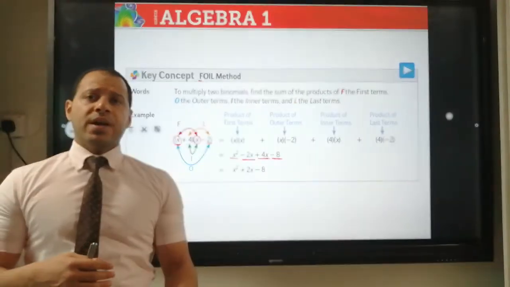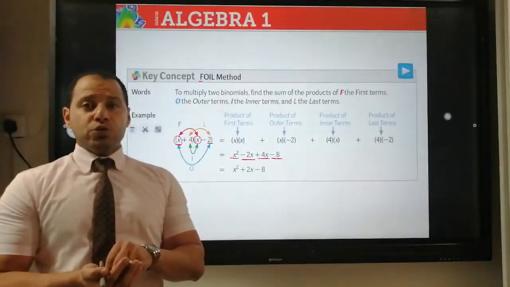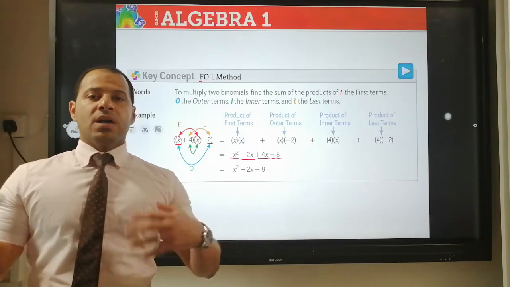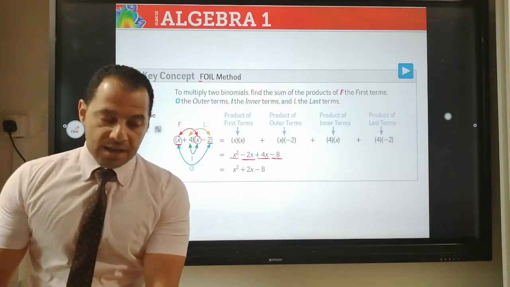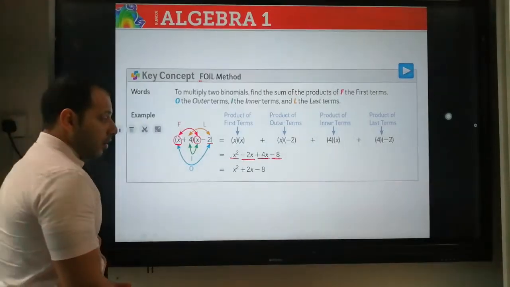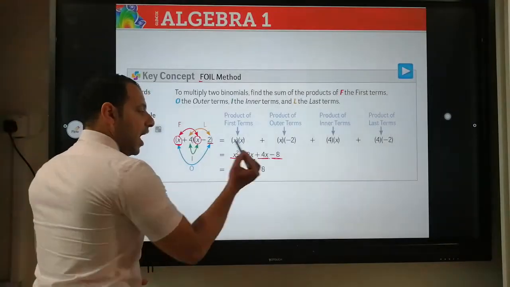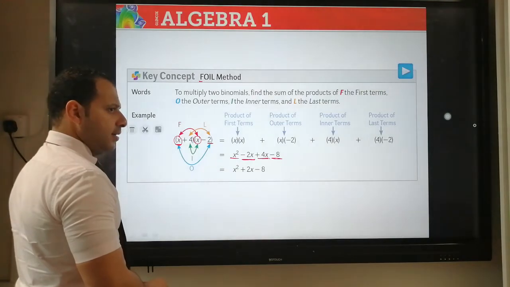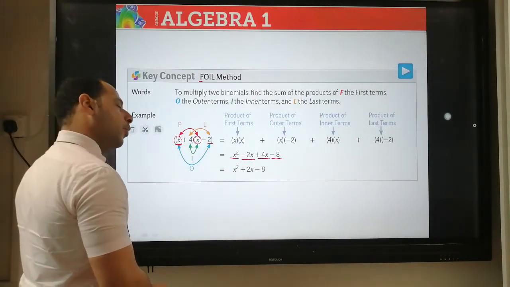After we get this form, we must simplify. How to simplify? Just take the like terms and add or subtract according to their signs. We have negative 2x and positive 4x. Different signs, subtract, so it will be positive 2x.